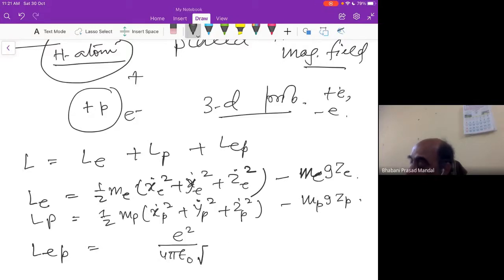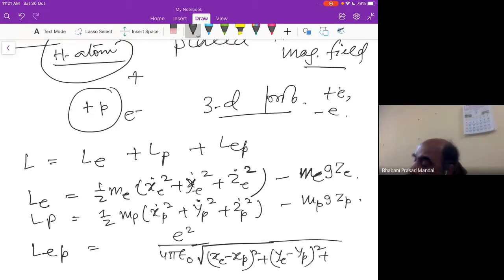Here r should be the square root of (x_e minus x_p) whole squared plus (y_e minus y_p) whole squared plus (z_e minus z_p) whole squared.